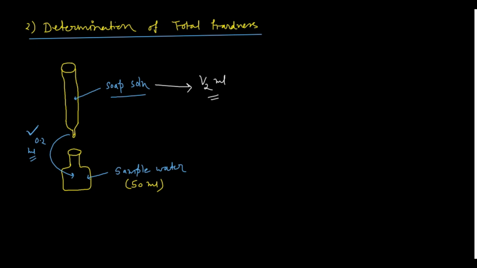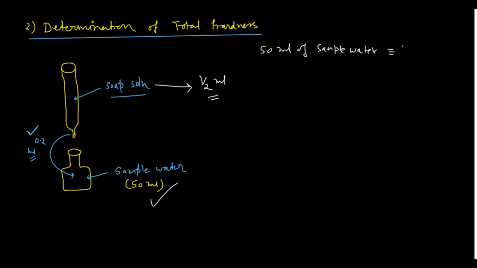Now I'll do the same calculation. So calculations for the total hardness is what? Again you see I have taken the 50 ml of sample water, so I am writing here 50 ml of sample water. Okay, this sample water is equivalent to what?